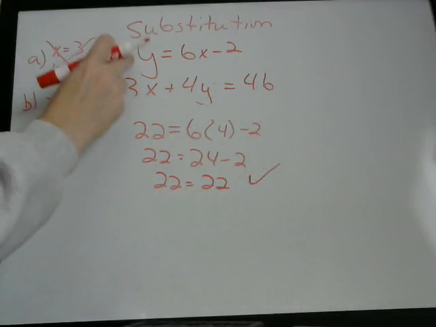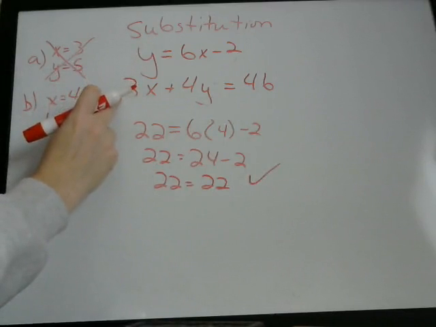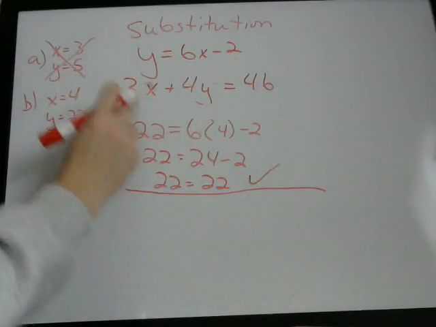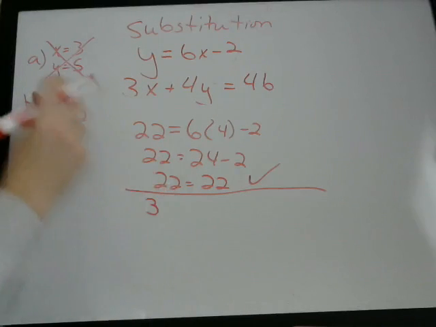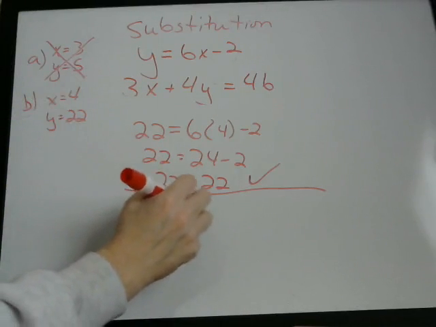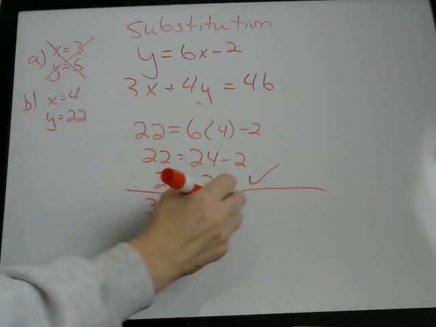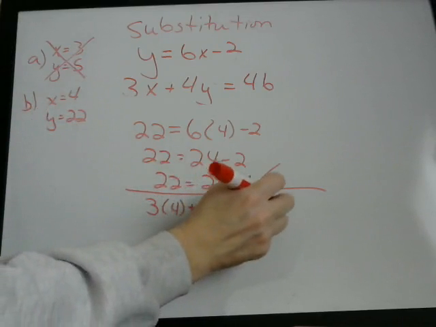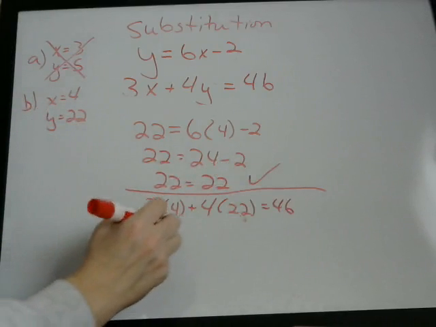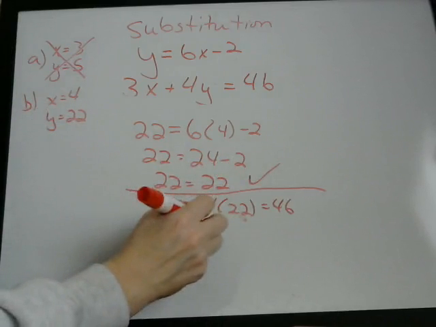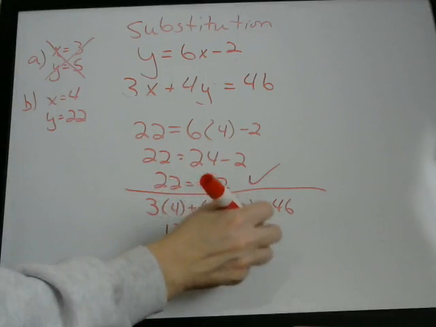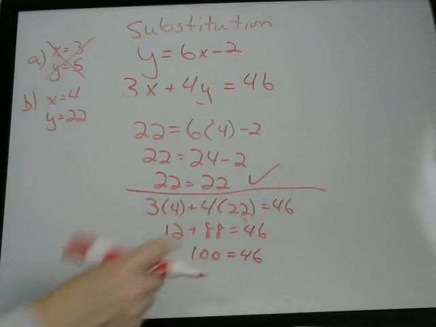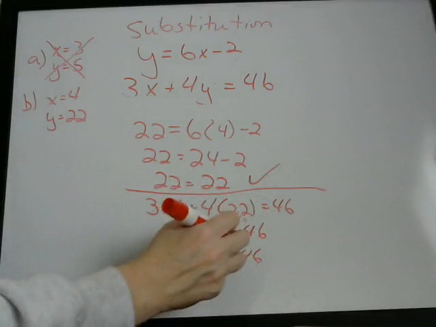But it can't just hold for the first equation, it also has to be true for the second equation. So we have to try it for the second equation too. So now we take the second equation. 3 times x, x equals 4, plus 4 times y, y equals 22, equals 46. 3 times 4 is 12. 4 times 22 is 88. 12 plus 88 is 100. 100 does not equal 46.